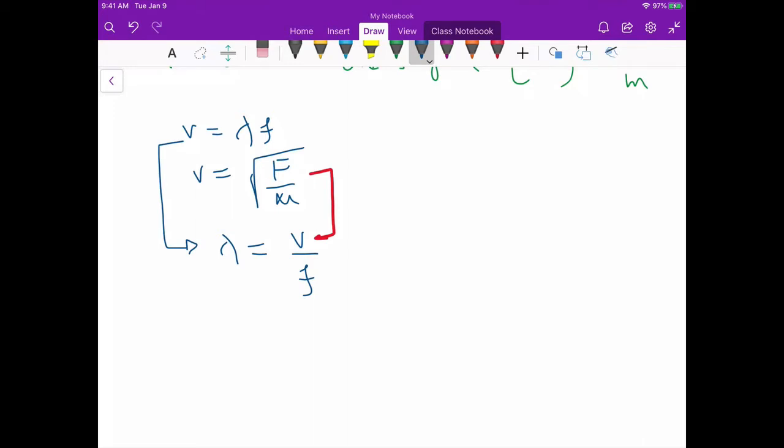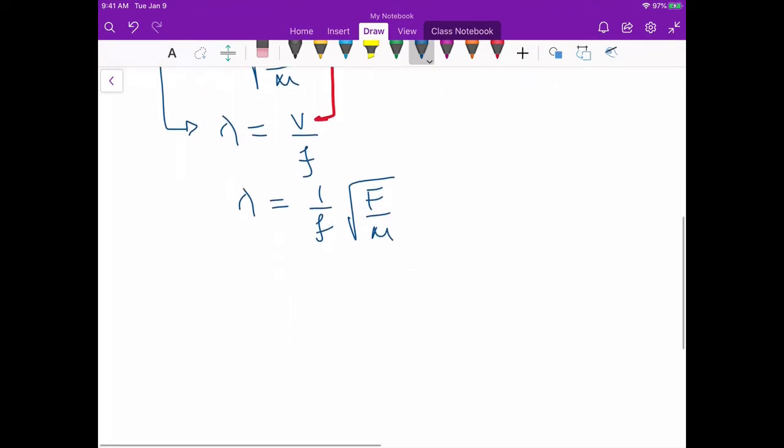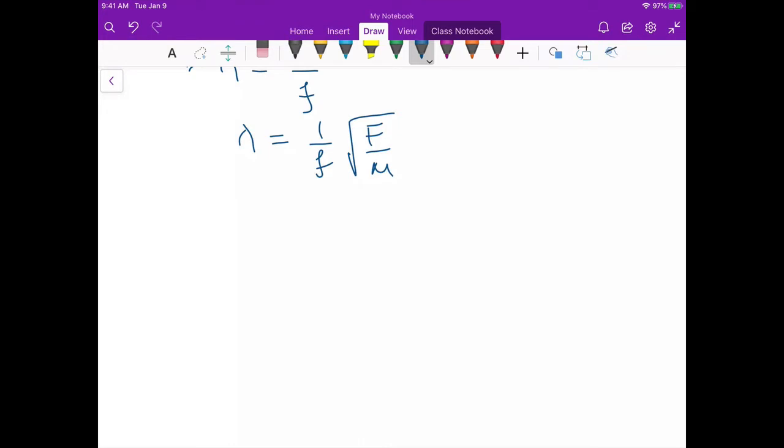By doing so, lambda, the wavelength of a standing wave in particular, can be calculated as 1 over frequency times the square root of F over mu. If we rewrite this equation as 1 over f times the square root of mu, without changing anything, multiplied by the square root of F.